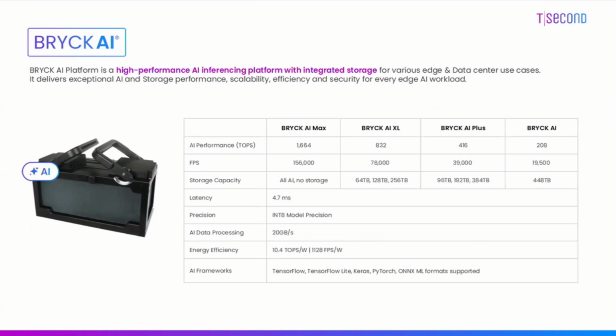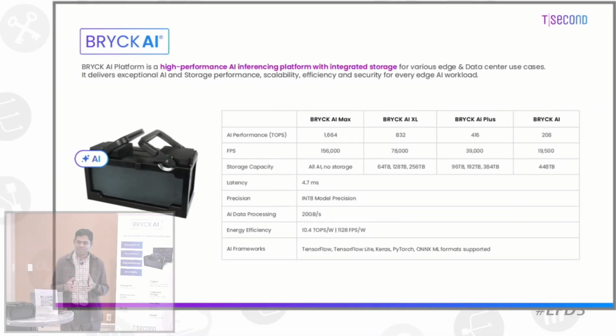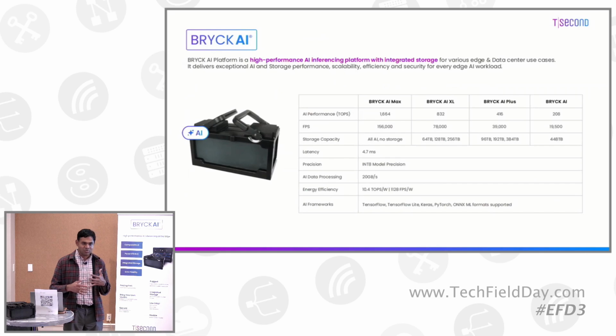That's the advantage of this offering, because in some cases customers need a lot of data and only a minimal amount of compute to process it. Some use cases could be heavy AI processing on a smaller data set. The BRYCK AI provides this configurability. That's one of the biggest advantages for customers.